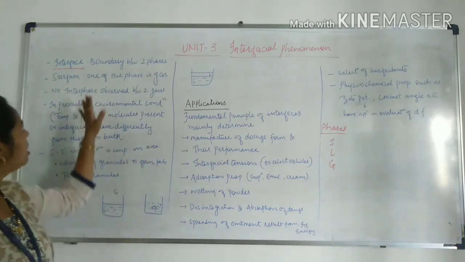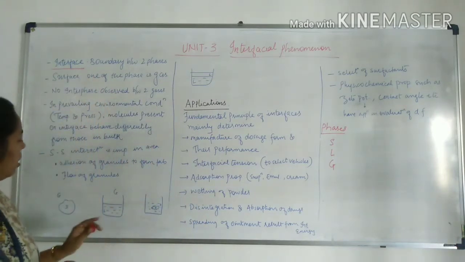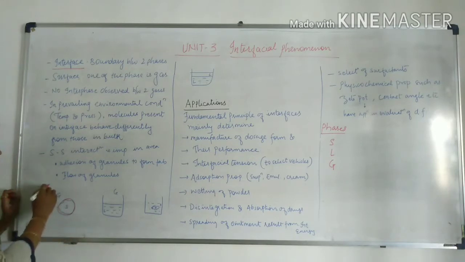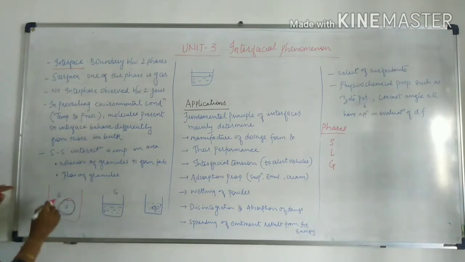For example, suppose we have a solid substance and the environment is gaseous. So this is gas and this is solid. In between these two phases, the boundary which exists is known as interface.